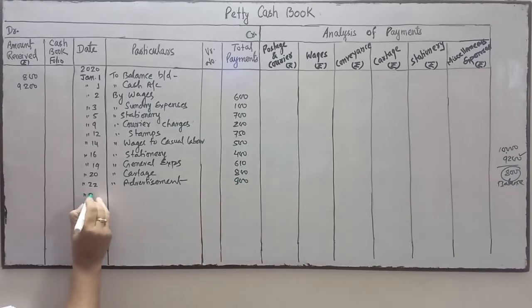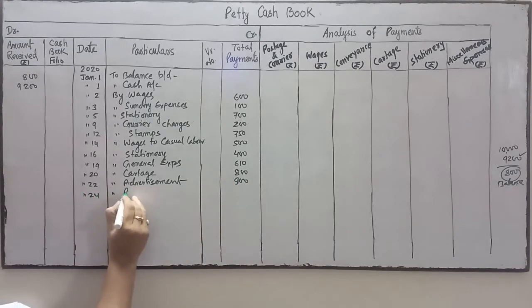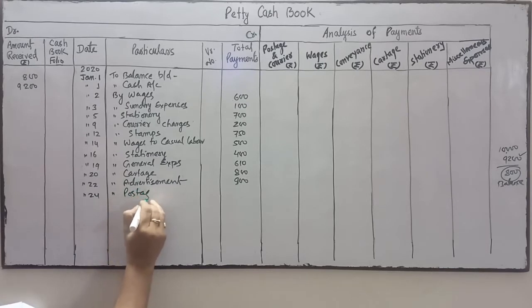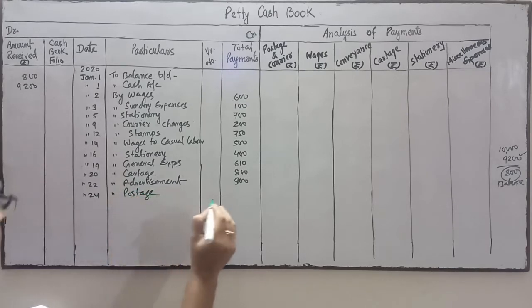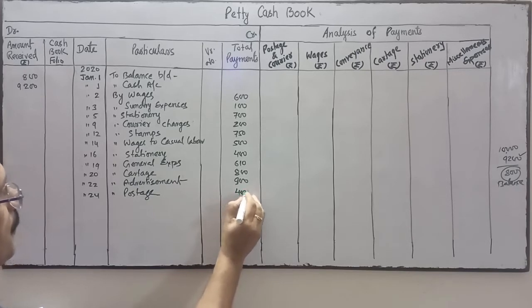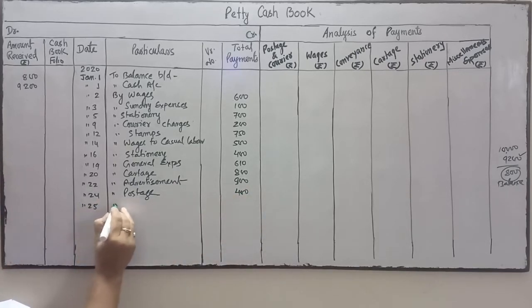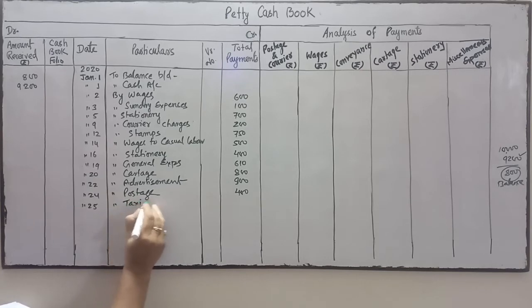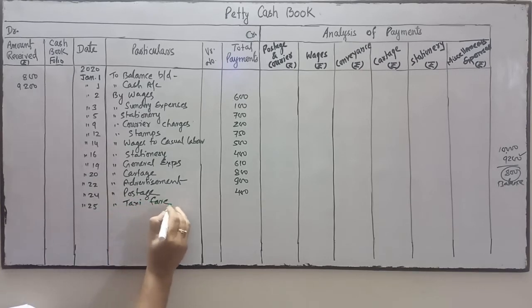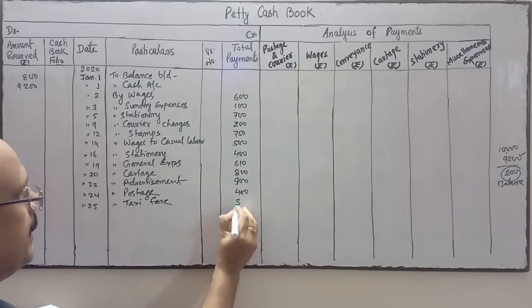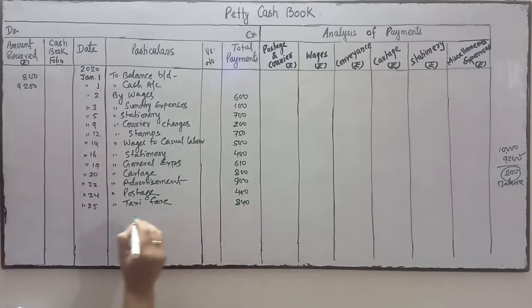Next, on the 24th, by postage, it is 400. Next, on the 25th, taxi fare, that is 840.